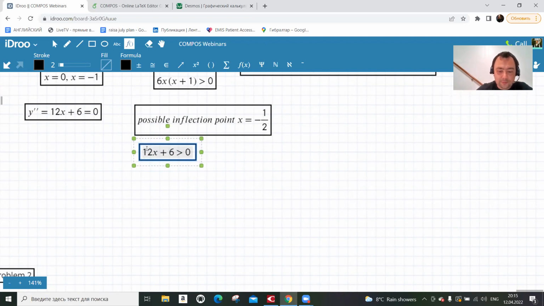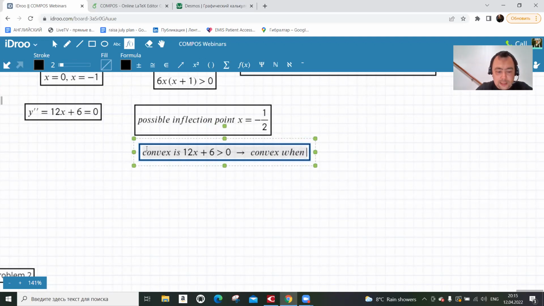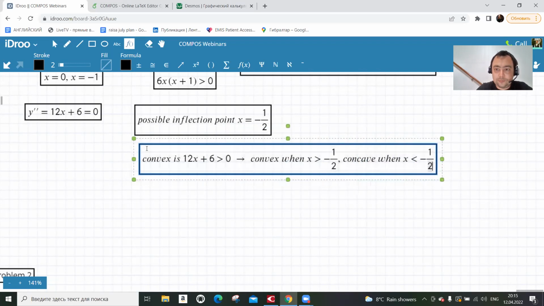Convex when x is greater than -1/2, and concave, and therefore it's concave when x is less than -1/2.